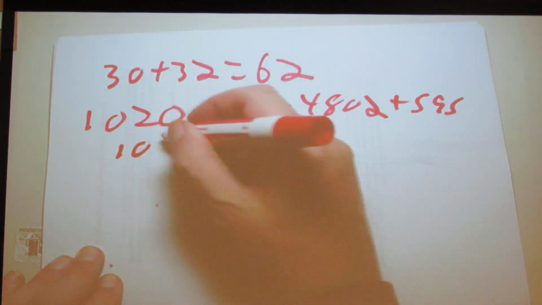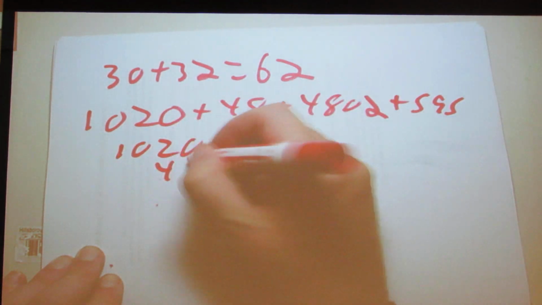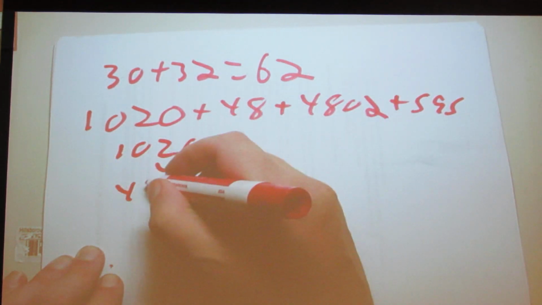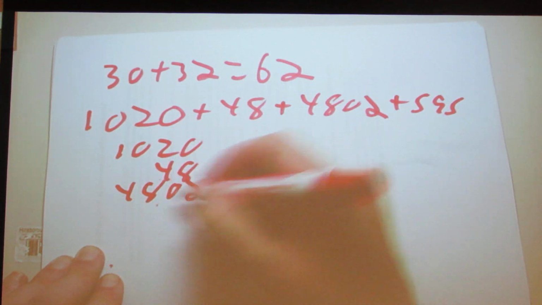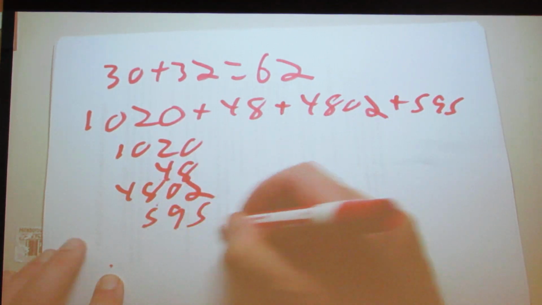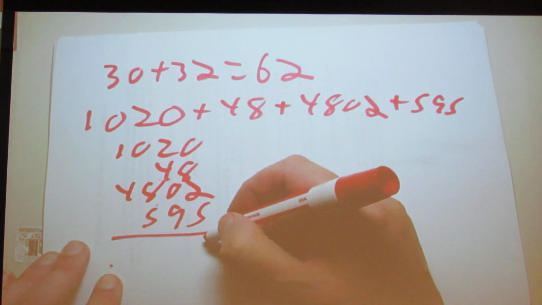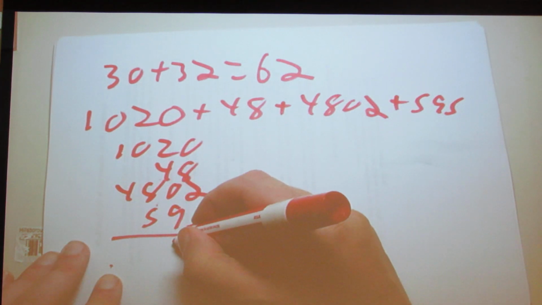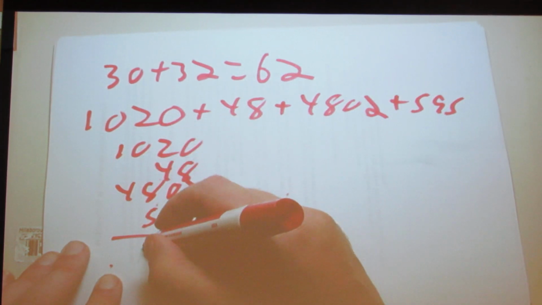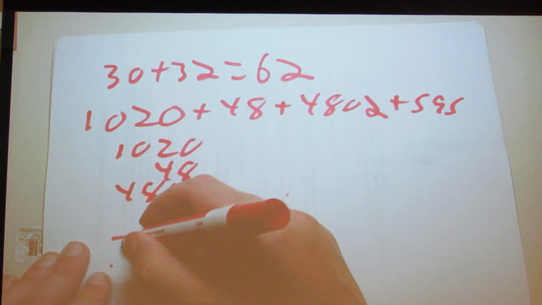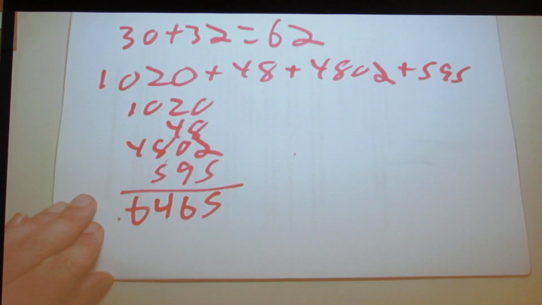So we're going to have 1020 plus 48 plus 4802 plus 595. And we add these up. 6, 13, 14, 5, 6. In this one, it is going to be 6,465. So whatever numbers you get, all you're going to do is add them.